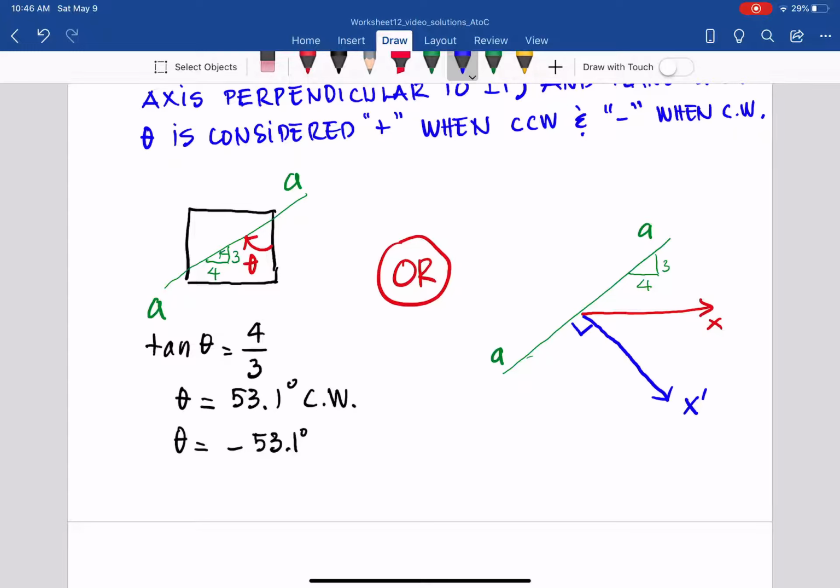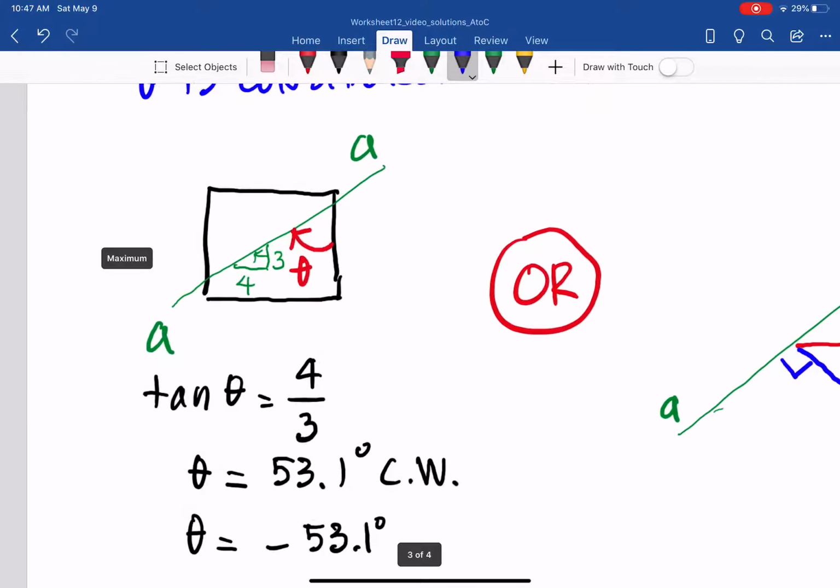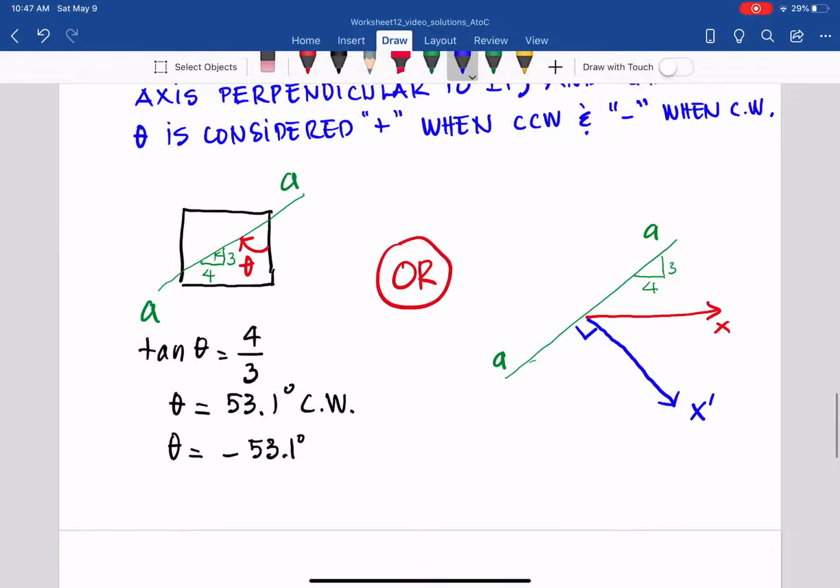So instead of finding the angle from the plane, we can find it with the axis, from the original x axis to this axis, which is also theta.